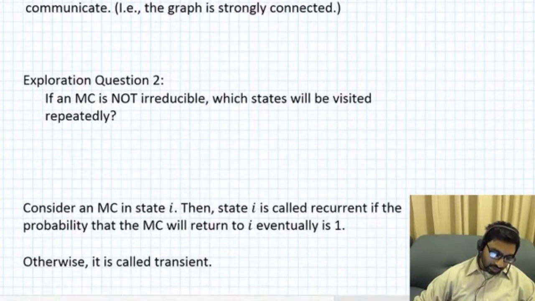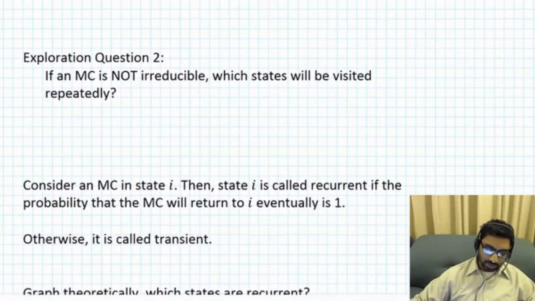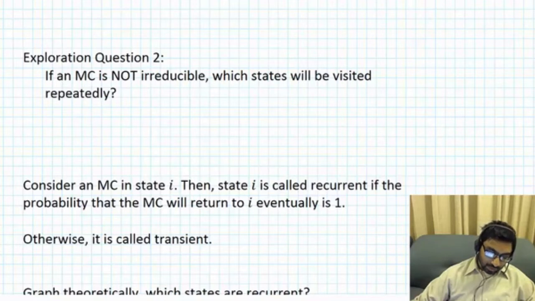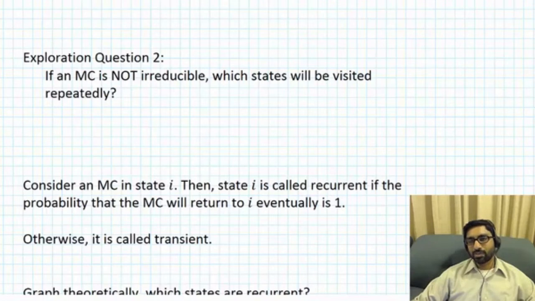So let's ask our second question, just to give some importance to Markov chains that are not irreducible. If an MC is not irreducible, which states will be visited repeatedly? In other words, are there some states that will be visited once, maybe once or twice, and then you somehow stop visiting them? Is that a possibility? Well, of course, yes.